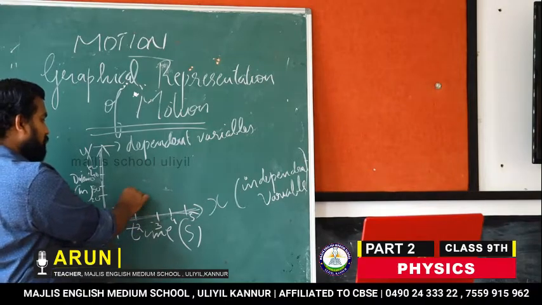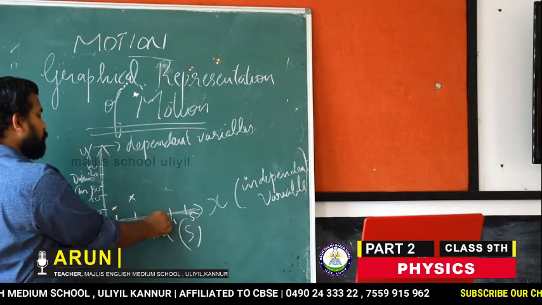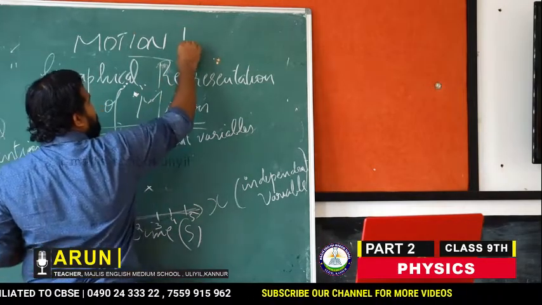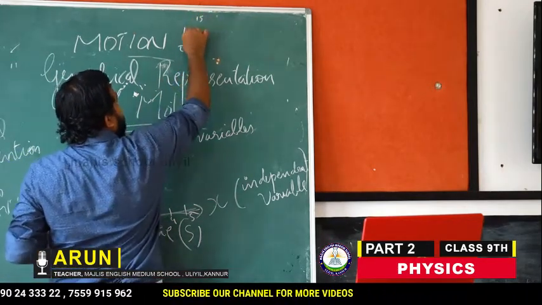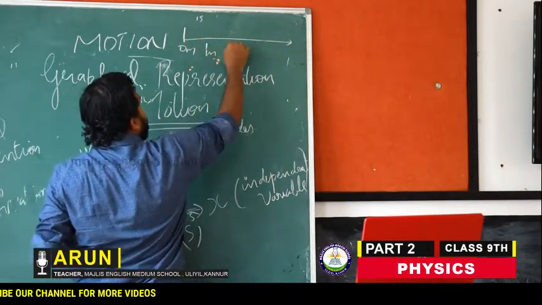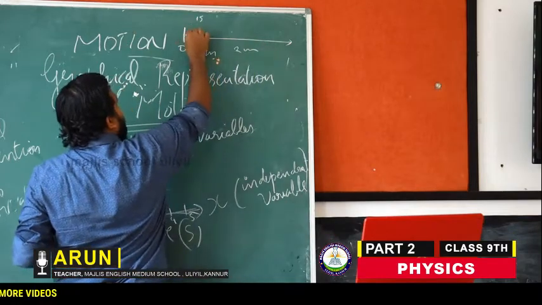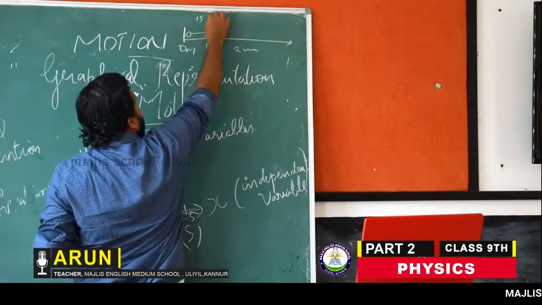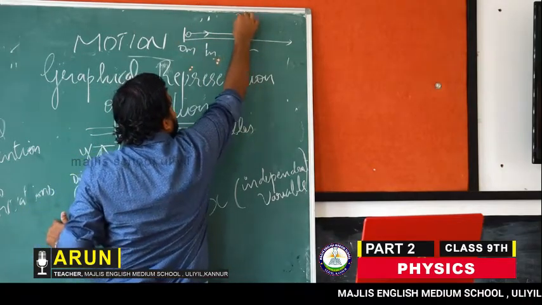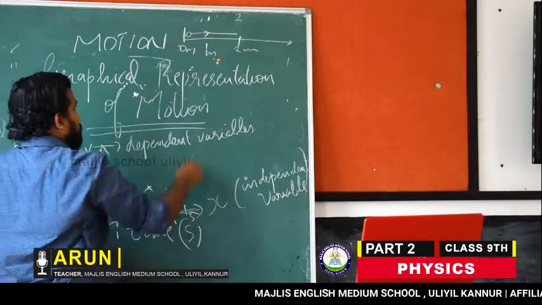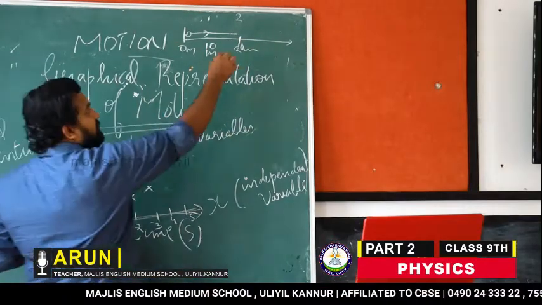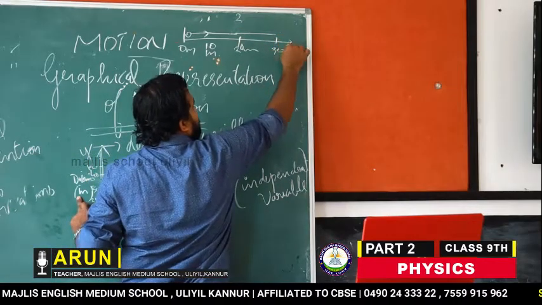From 1 to 2 again it moves 20 meters. 2 to 3 it reached 30 meters. So if a body is moving from 0 meter, in the first second it reached 10 meters, then in the second second it reached 20 meters, then the third second it will reach what? 30 meters.